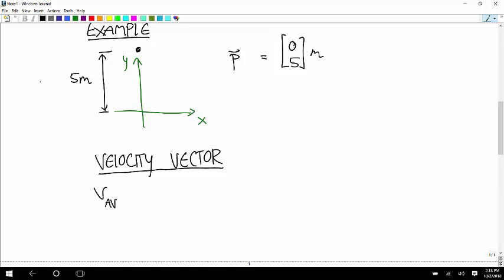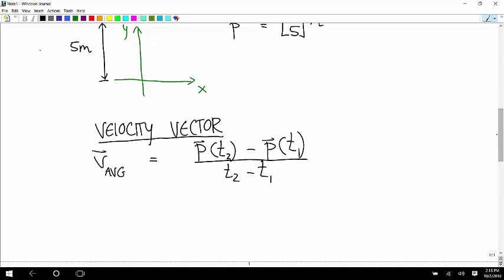This time the average velocity is going to be a vector, and it's equal to the position at the later instant, and now that position is a vector, minus the position at the earlier instant, and that position's a vector, divided by t2 minus t1. So that definition looks exactly the same, except vector quantities are vector quantities now.